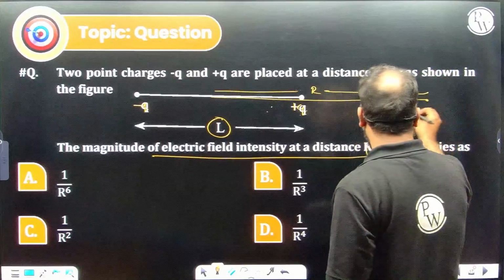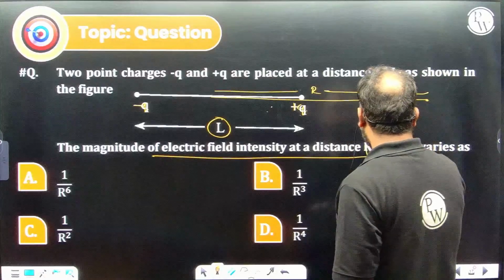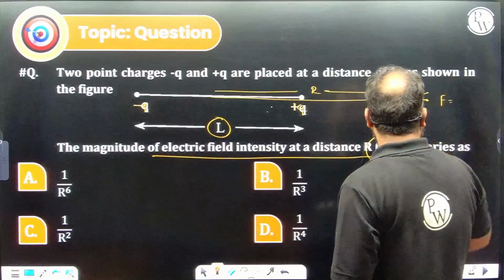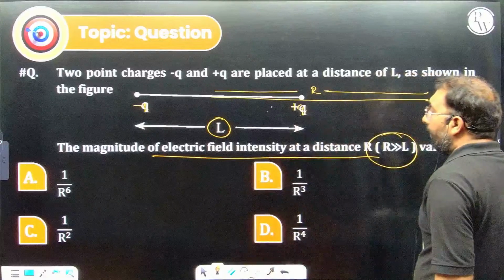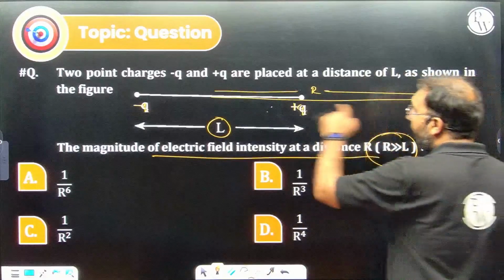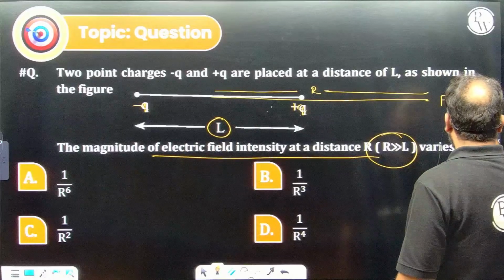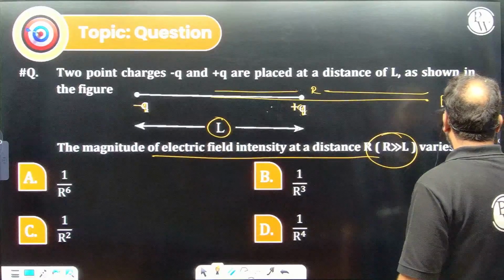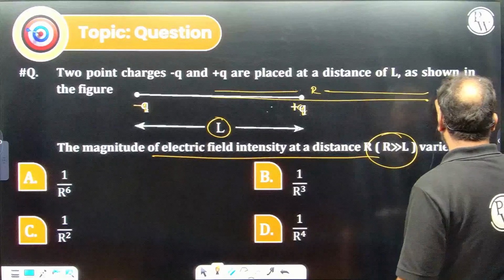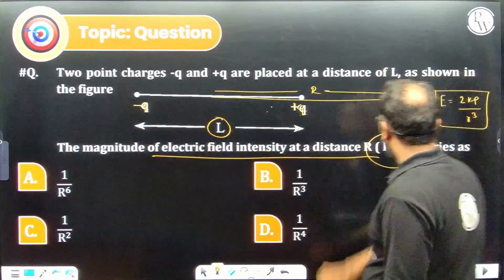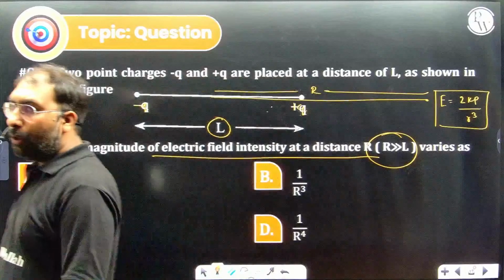This point is an axial point for this electric dipole, and on the axial point the electric field comes out to be 2kp by r cube.